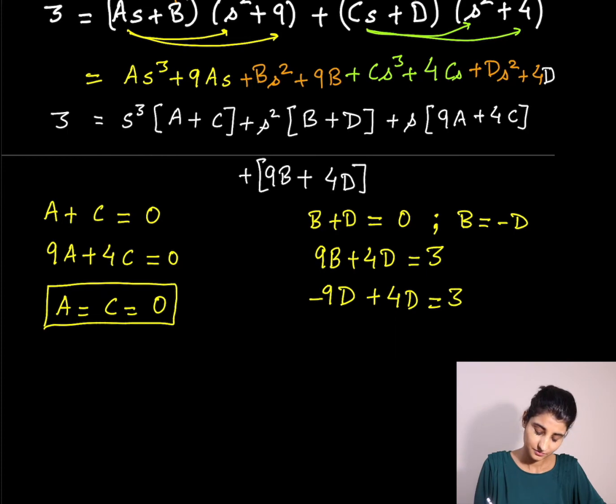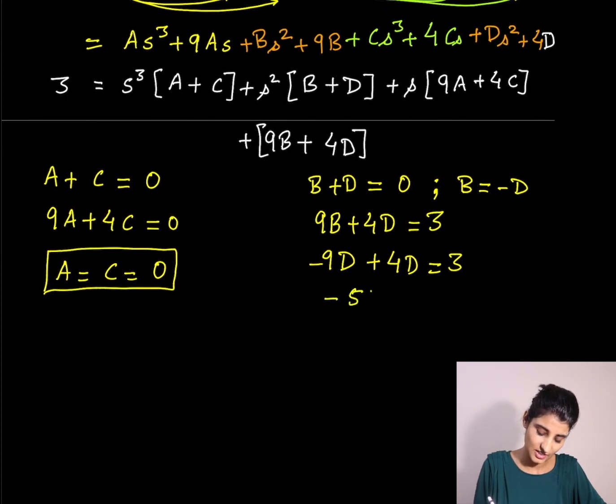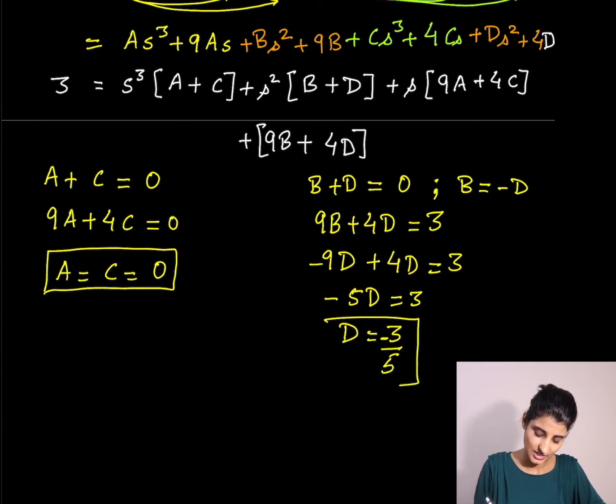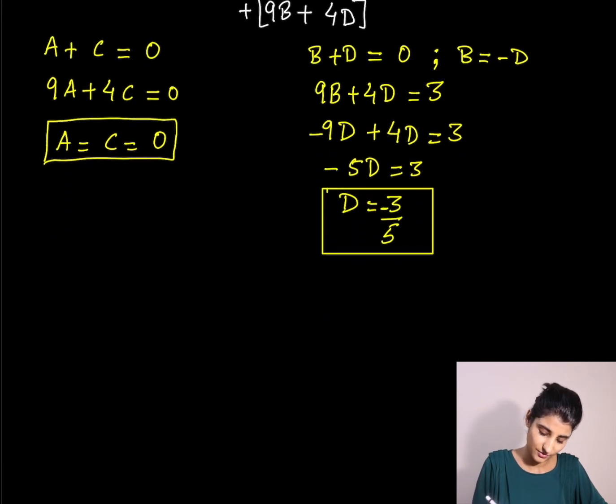Right? So negative 5d is equal to 3. So d is equal to negative 3 over 5. So d is negative 3 over 5 and b is negative of d. So b is equal to 3 over 5. So the value of b is 3 over 5.